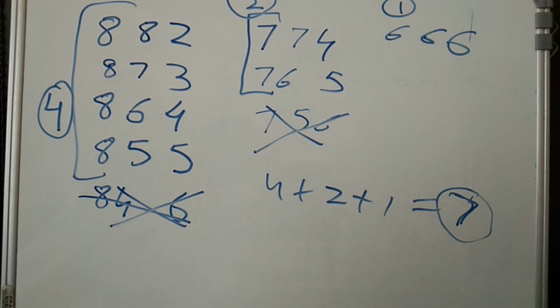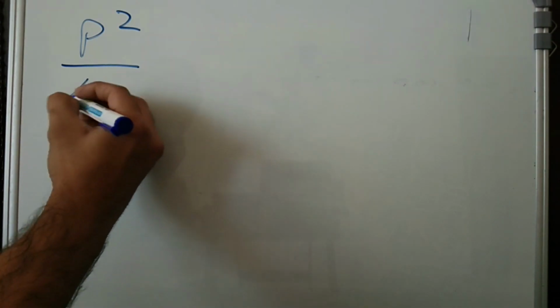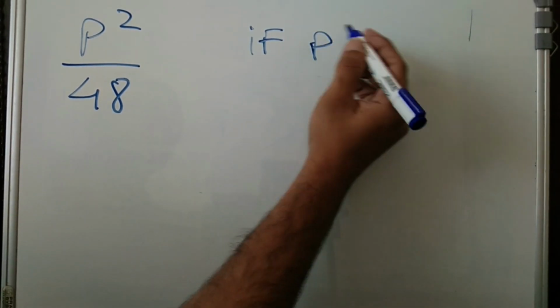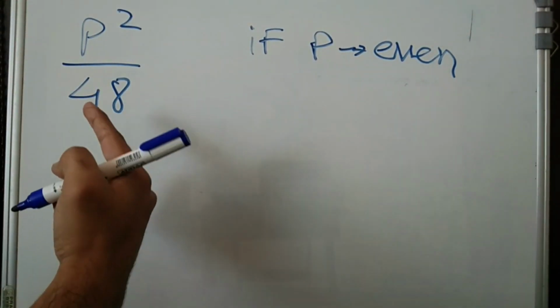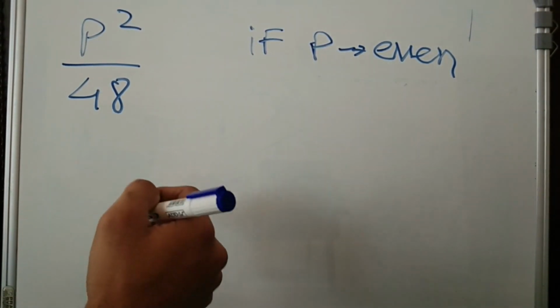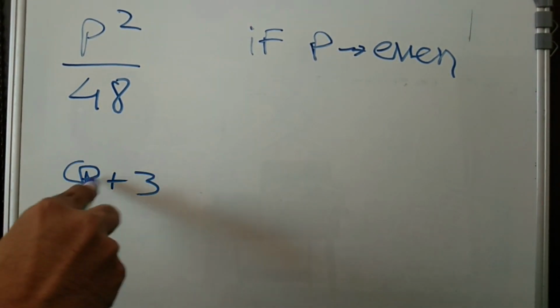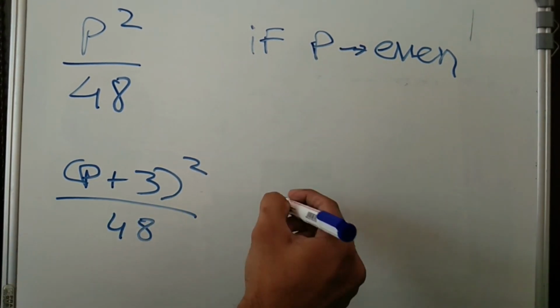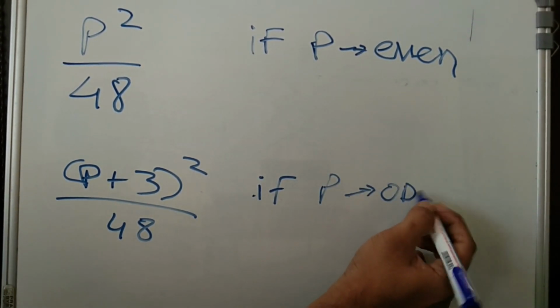The formula is p square by 48 if p is even, where p is the perimeter, and (p plus 3) square upon 48 if p is odd.